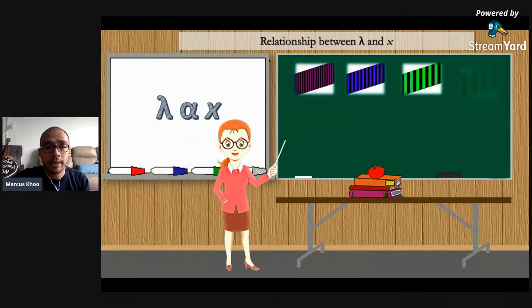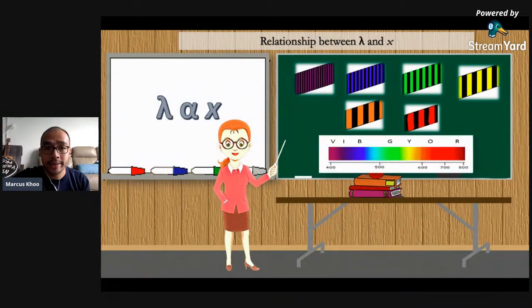Second relationship is wavelength and X. As I said, red color has the biggest wavelength, that's why its pattern is fatter, which you saw just now. So the bigger the wavelength, the bigger the X. Or the smaller the wavelength, like this purple color, the smaller the X. The distance between the bright and the bright and the dark is much smaller.